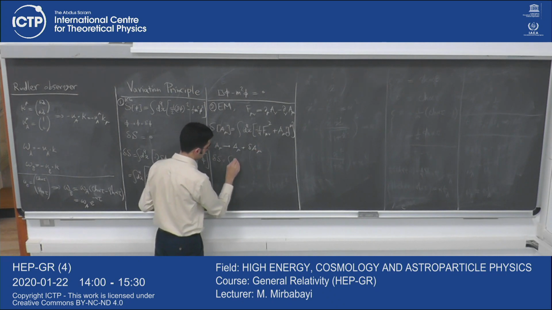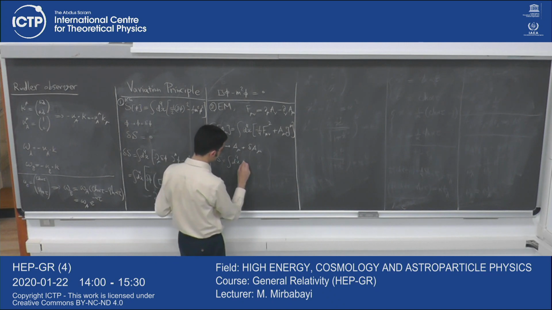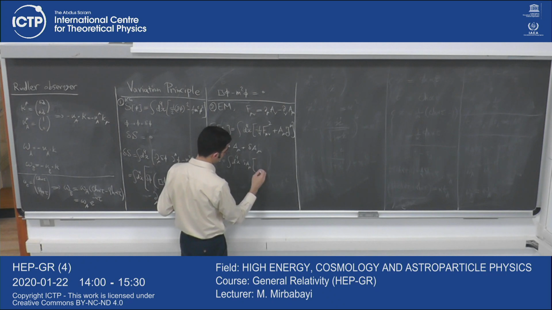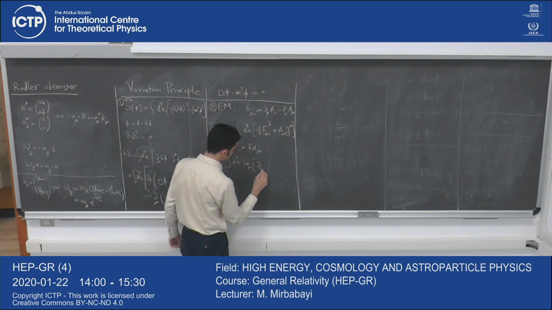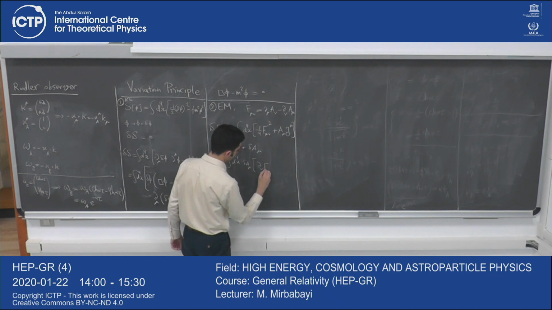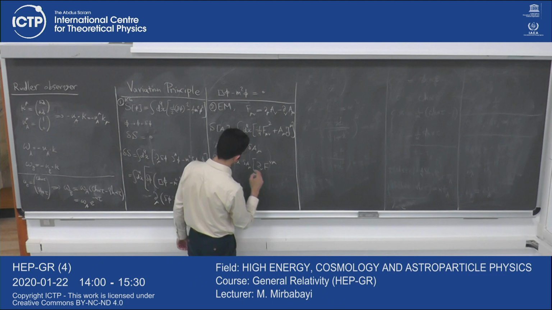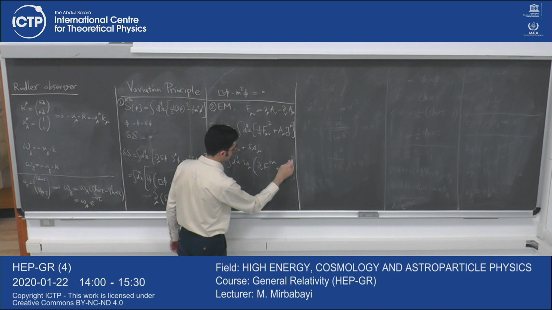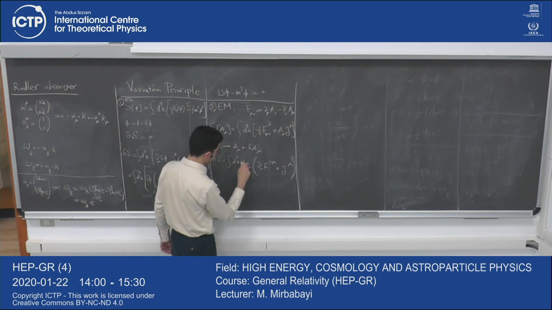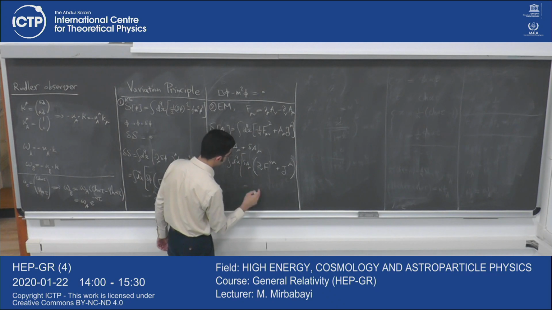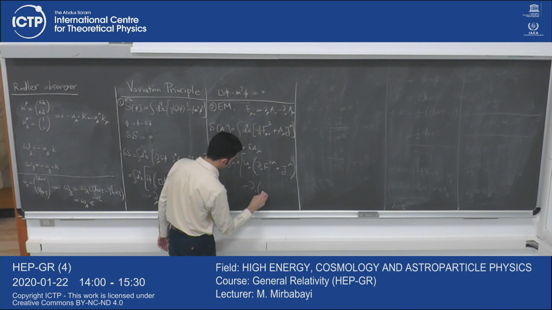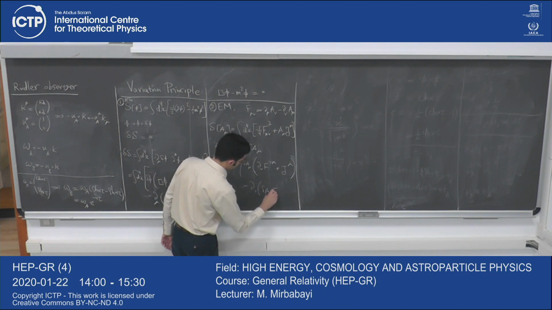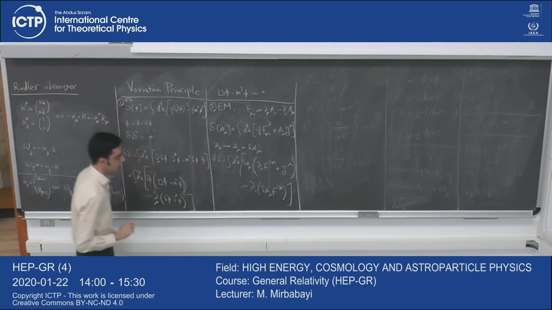This δS is given by the integral d⁴x of δA_μ times (∂_ν F^νμ plus J^μ), minus a boundary term that is again irrelevant because the variation is chosen to vanish at infinity.